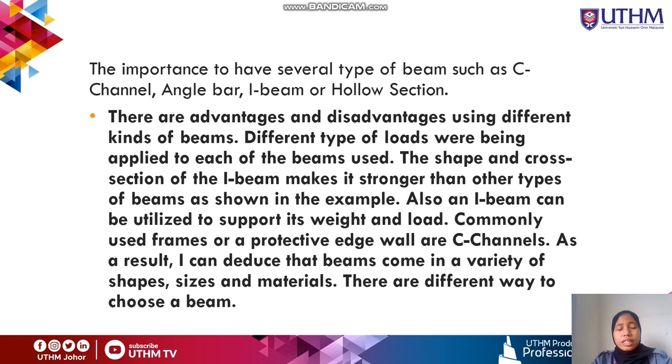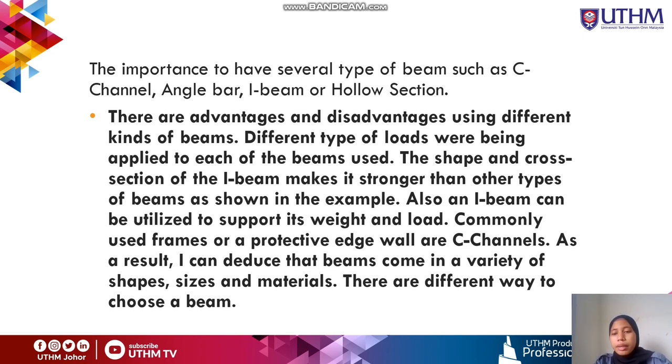Okay, so for the next question, the importance of having several types of beam. There are advantages and disadvantages if we use different kinds of beams. Different types of loads will be applied to each beam used. The shape and cross section of the I-beam makes it stronger than other types of beam, as shown in the example.